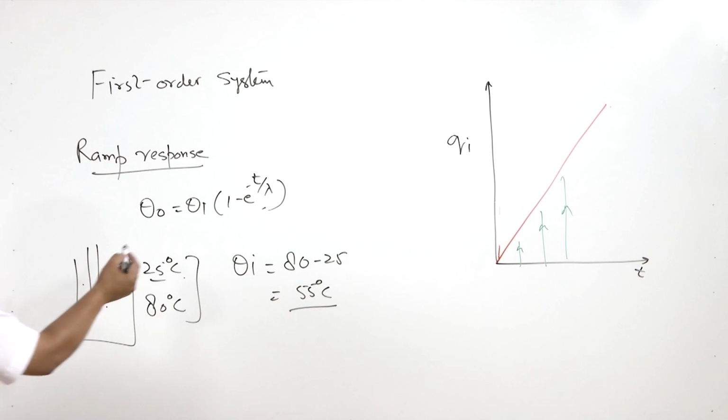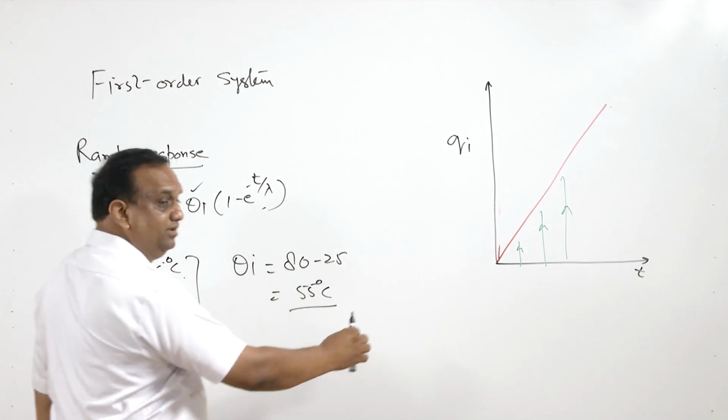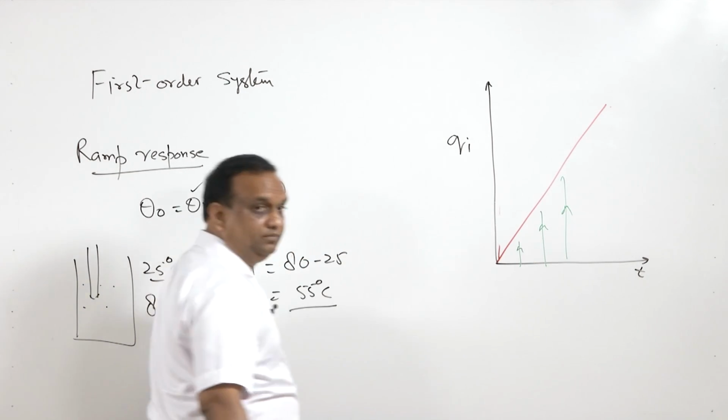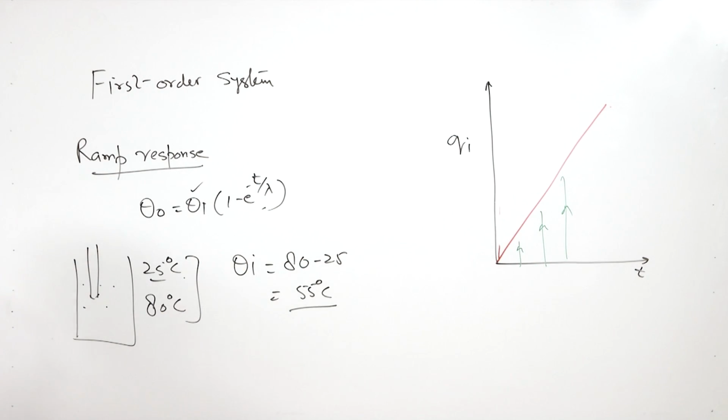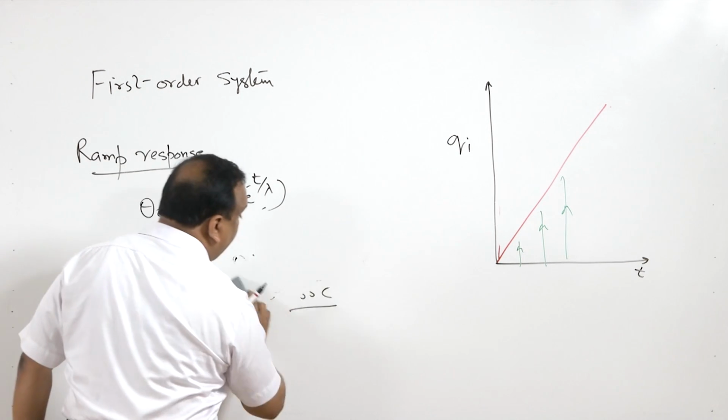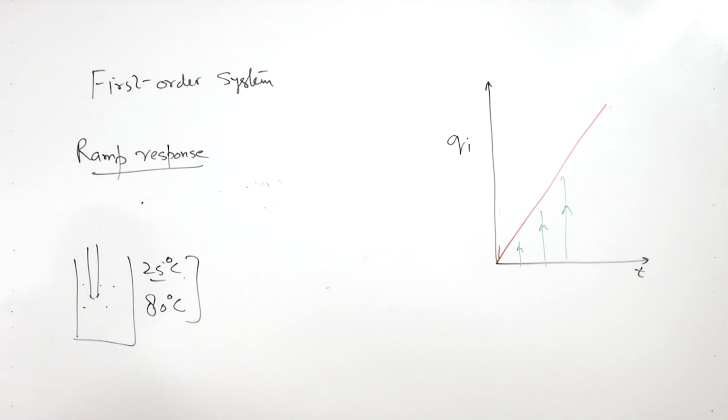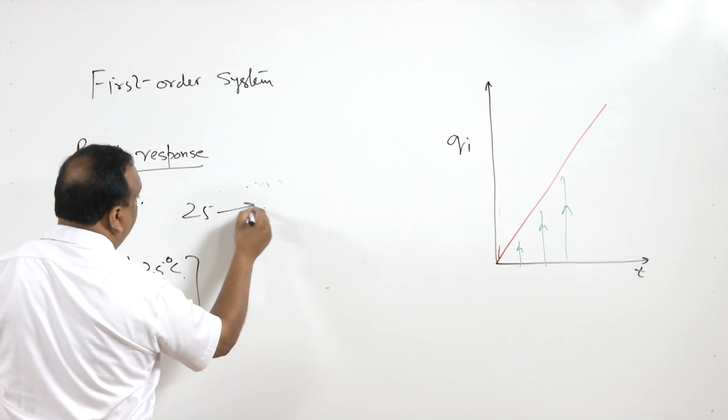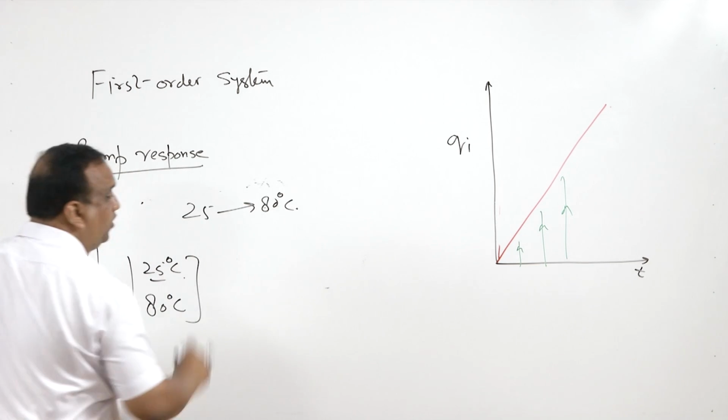But in this case, this is not constant. This is varying with time, right? And the rate of heating becomes very important here. From 25 to 80, in how much time?